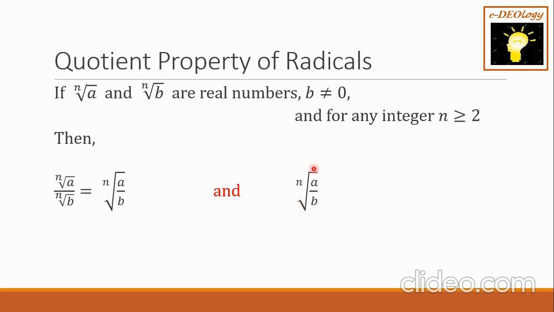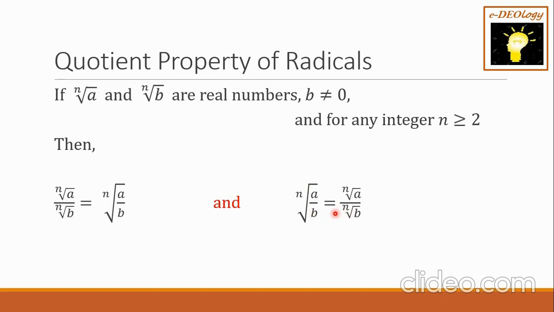Suppose I have a big radical here with an index n, and inside the radical is a fraction A over B. To simplify this using the quotient property, we're going to distribute the radical to the A and to the B respectively.